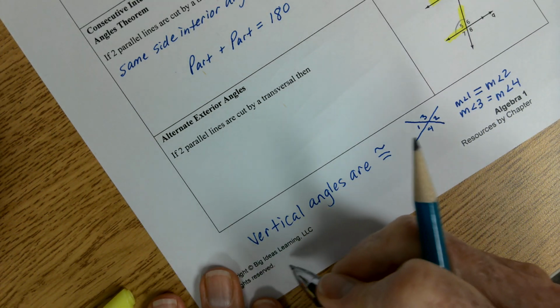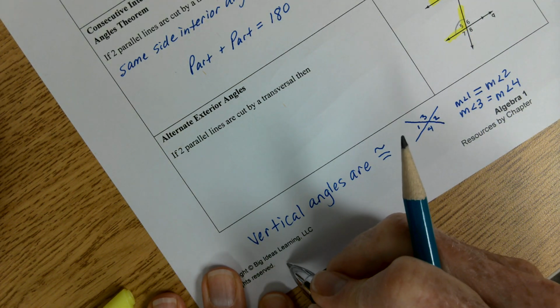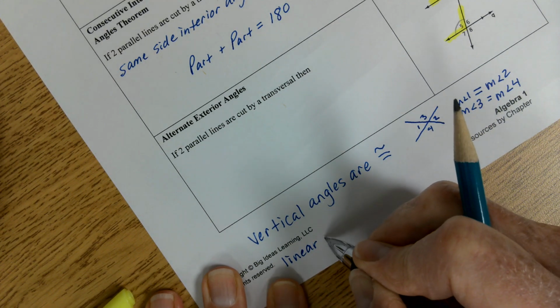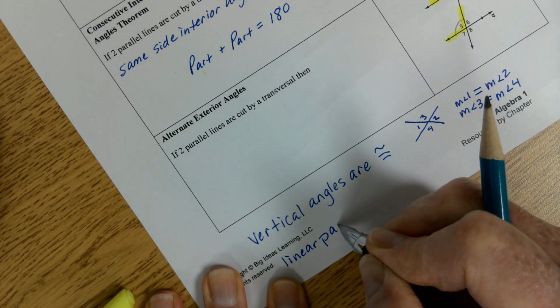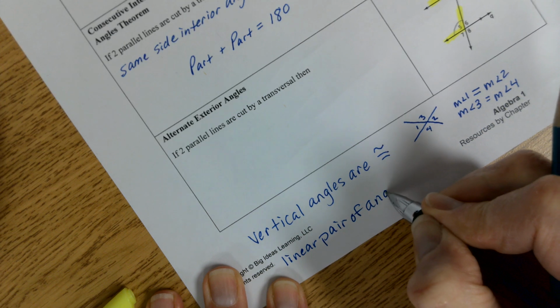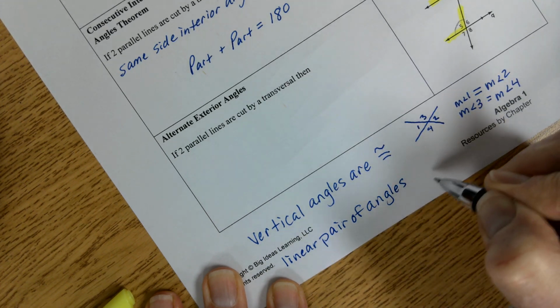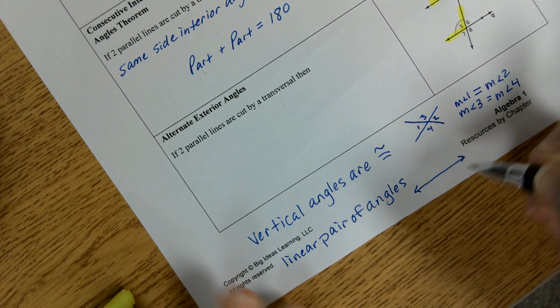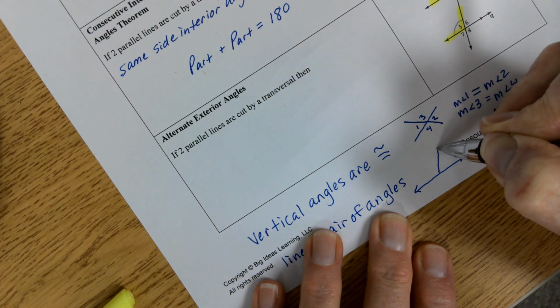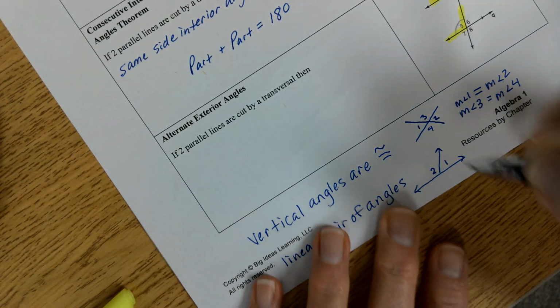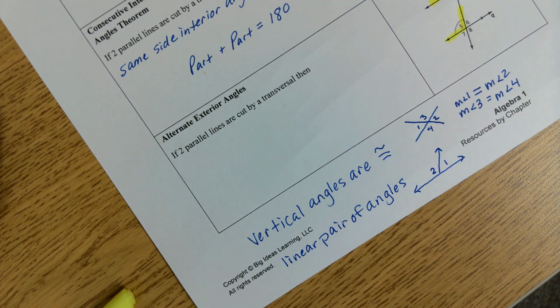Something else we should probably review is a linear pair. If I have a straight line, and I have these two adjacent angles, angle 1 and 2. Okay, those are adjacent angles.